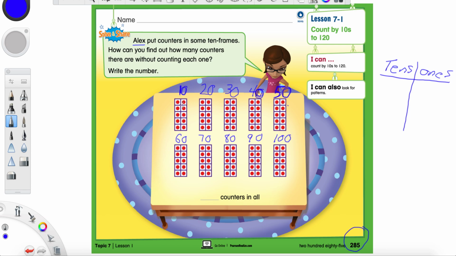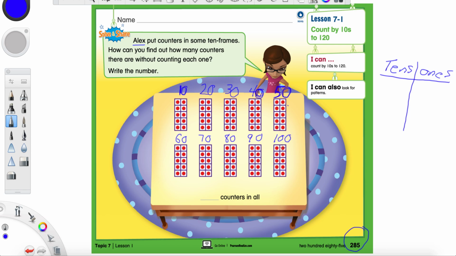So if we have 6 sets of 10, that's 60. If we have 7 sets of 10, that's 70. If we have 8 sets of 10, that's 80. 9 sets of 10 is 90. And 10 sets of 10 is 100. And that is a headache of a number. It's a huge number. I'm pretty sure it's the biggest number we've worked with all year.